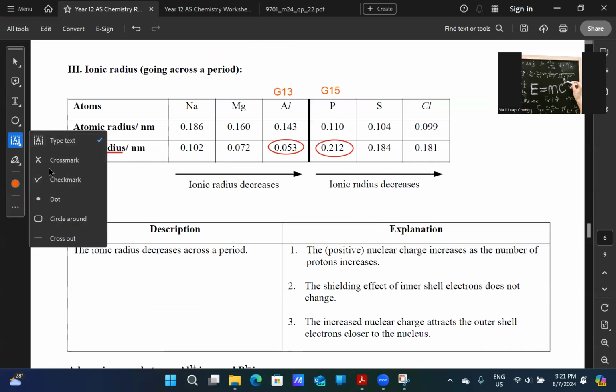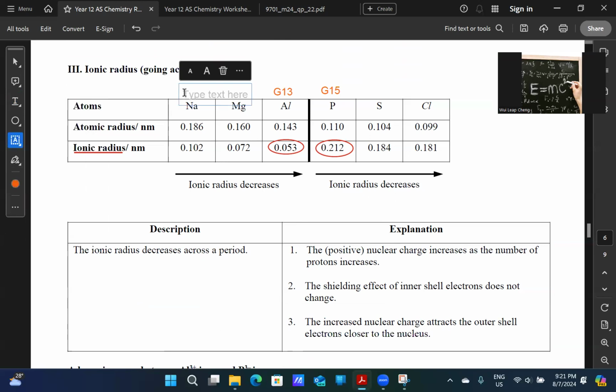Sodium has 11 protons, and then chlorine has 17 protons. So as the number of protons increases, nuclear charge increases.